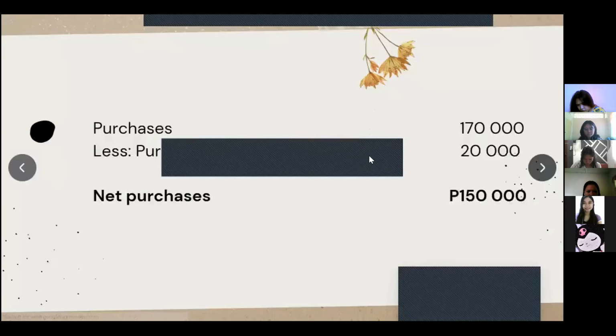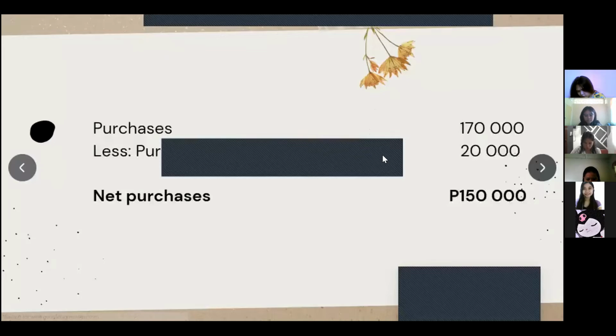Tapos, kasama na ang transportation in na 30,000. Pinag-add mo yung dalawang yun, goods available for sale, at syempre kapag ending inventory, laging binabawas. So, correct.